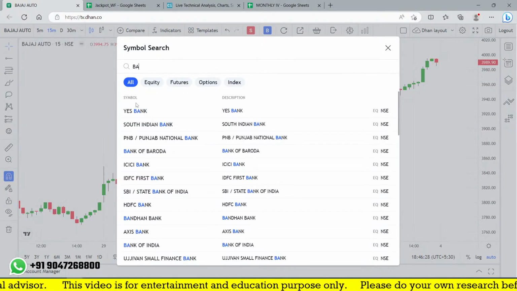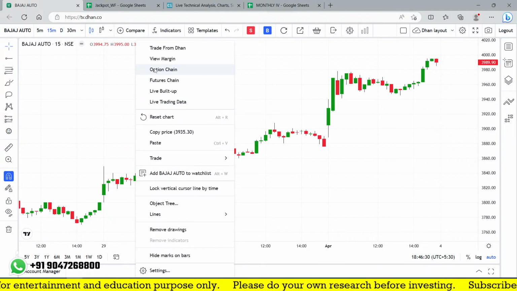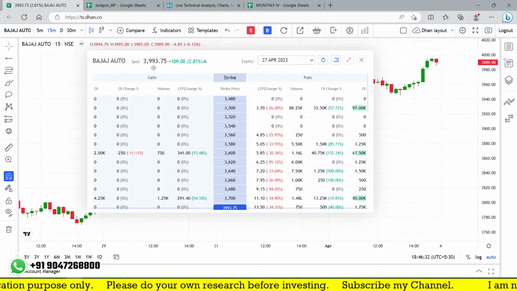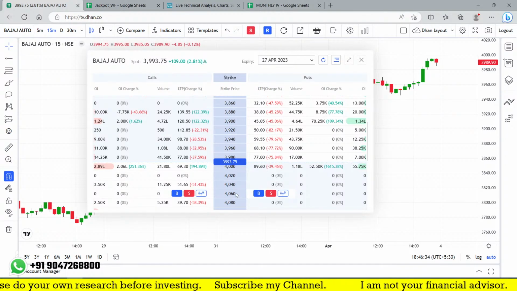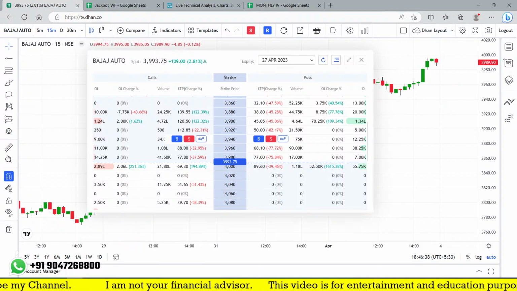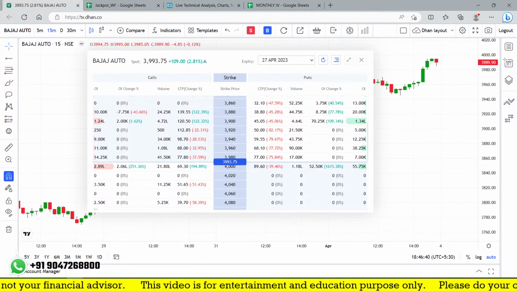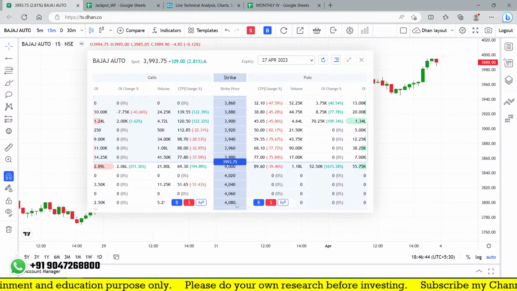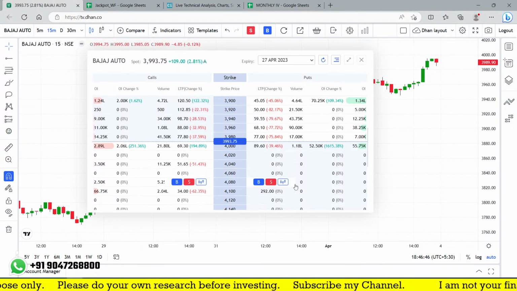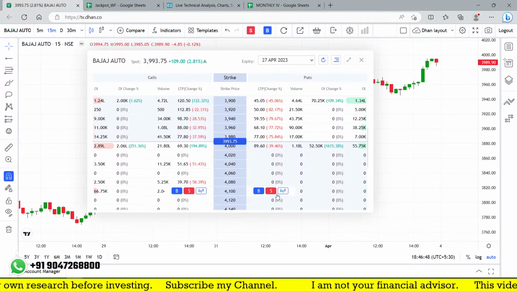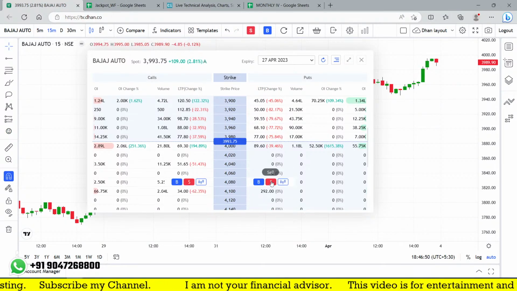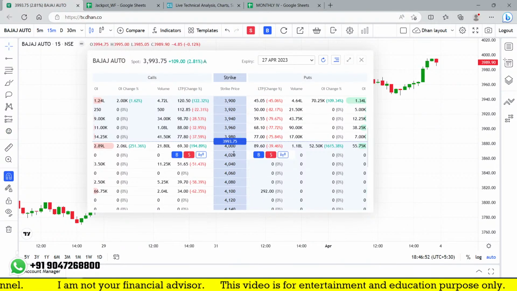So for Bajaj, let me go for the option chain here. Let's see which strike prices are available. It is not traded well because it is not active. As of now, it is not active. You can see the price is not active. Only up to 4100 is still active, but that is also not traded. So maybe the OTM strike price is not active.